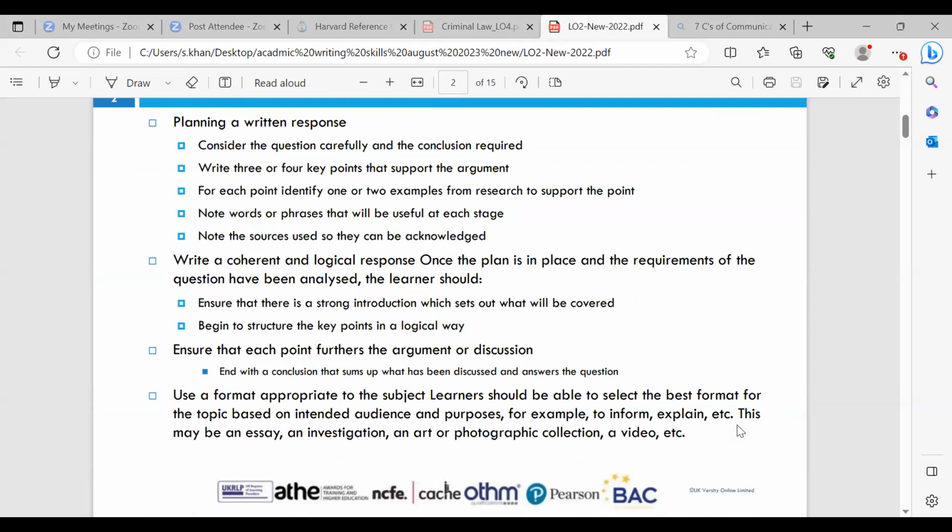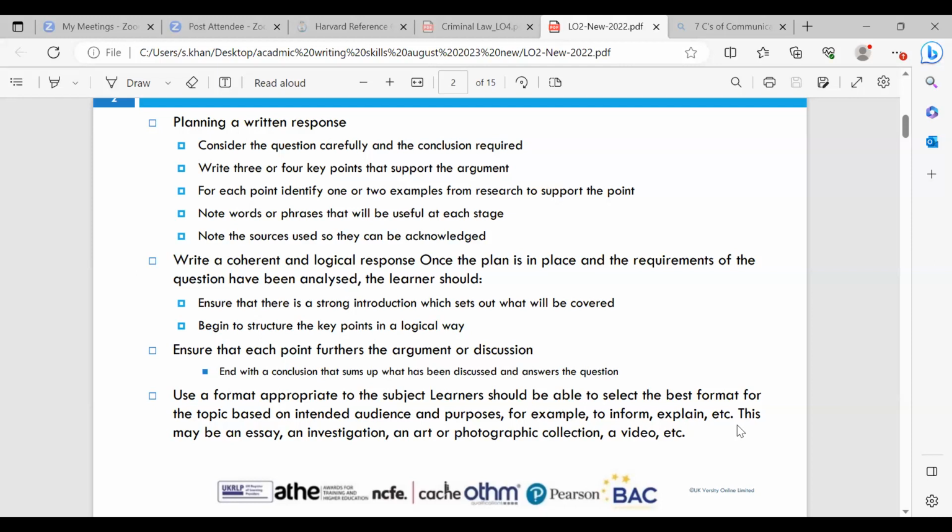We're going to write down 3 or 4 key points that support that argument, because it's important that we identify key points. For each point, we must identify 1 or 2 examples from the research to support the point. We must note words or phrases that will be useful at each stage, and we will note the sources used so that they can be acknowledged.